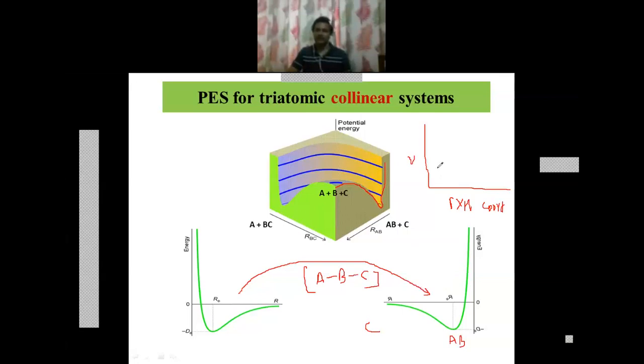So what we do, here is my reactants, here is my product, and then we connect through the barrier, like this, same energy.